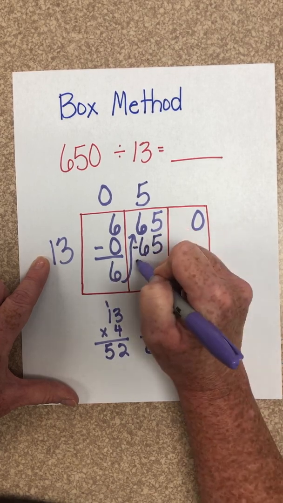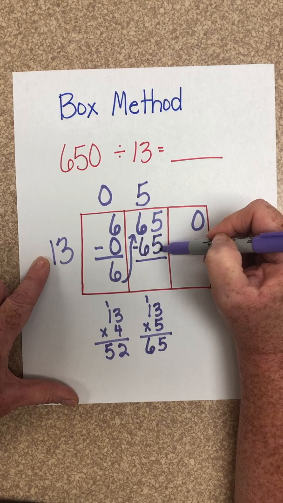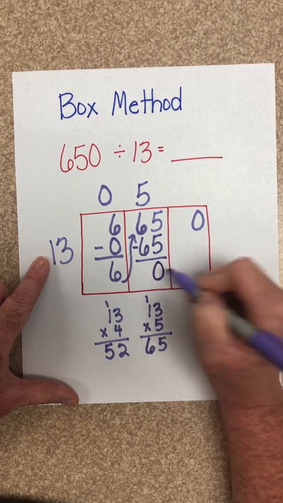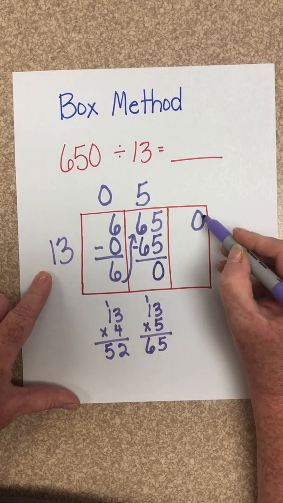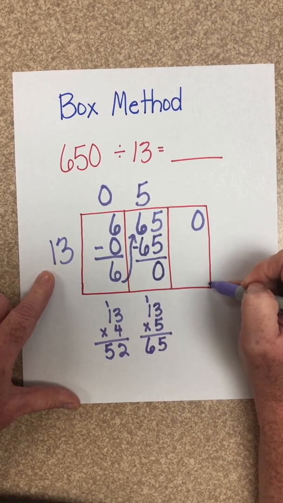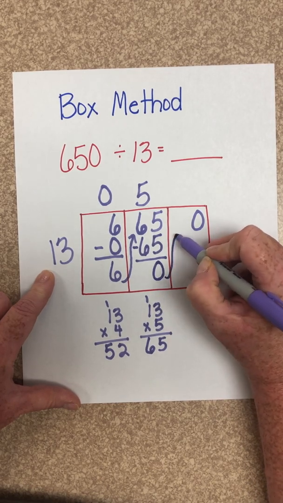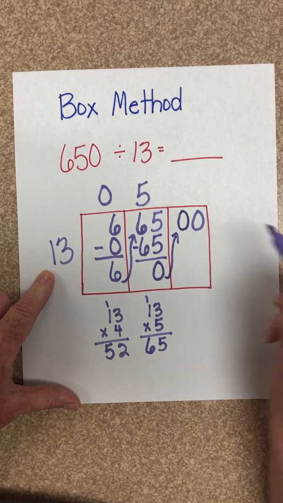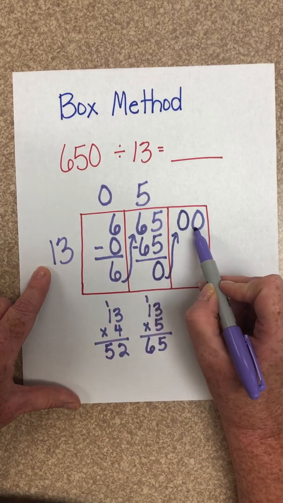We subtract. 65 minus 65 is 0. But don't let this 0 trick you, because look, we have another column we need to work for. So I'm going to carry the 0 to that third column. Now I ask myself, how many 13s can I get out of 0?